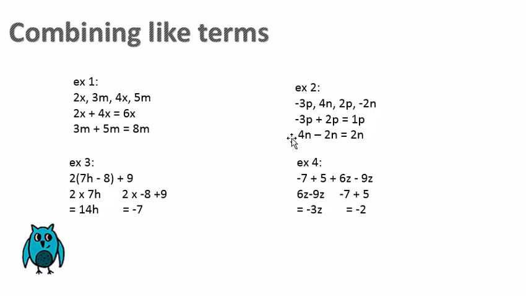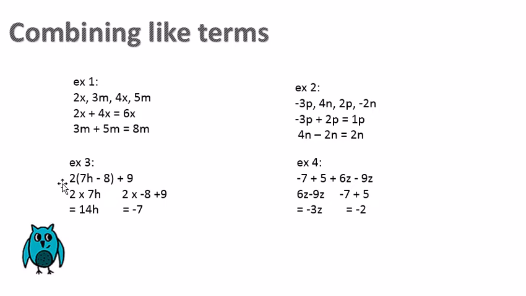But when you get to this portion of the problem, the 4 is positive, but the 2n is negative. The 4 comes first because it is the largest number, and the 2 comes second because it is the smaller number, but you will subtract because you have this negative number here, which will give you negative 1p there and 2n there.